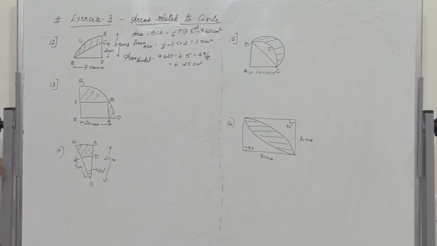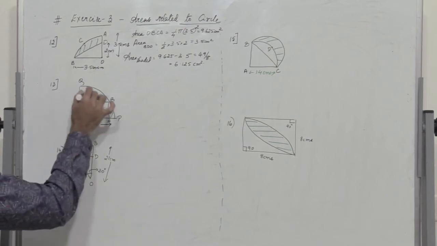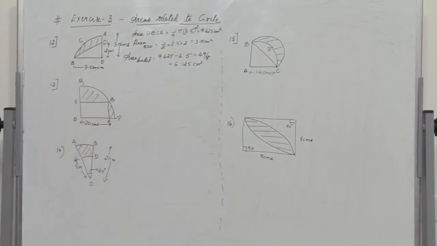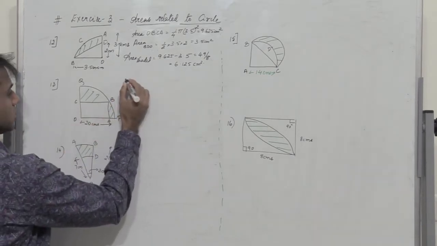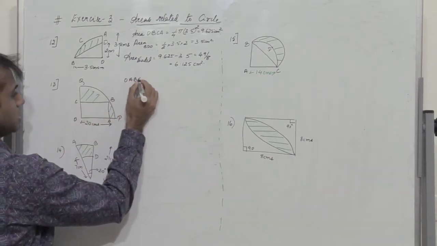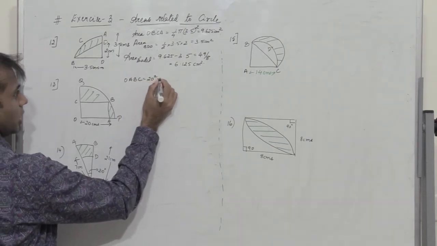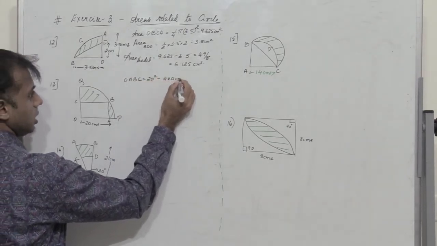So next, problem 13. A square is inscribed within a quarter of a circle where OA is 20 centimeters. So find the area of the shaded region. So this is a square. So we can find the area of the square, which is OABC, which is 20 square, which is 400 centimeters square.